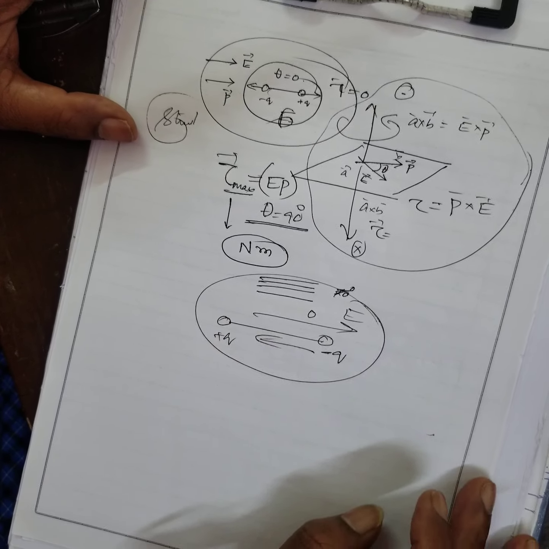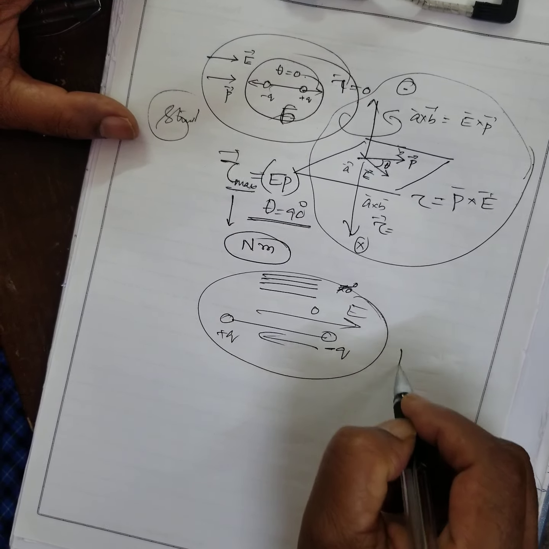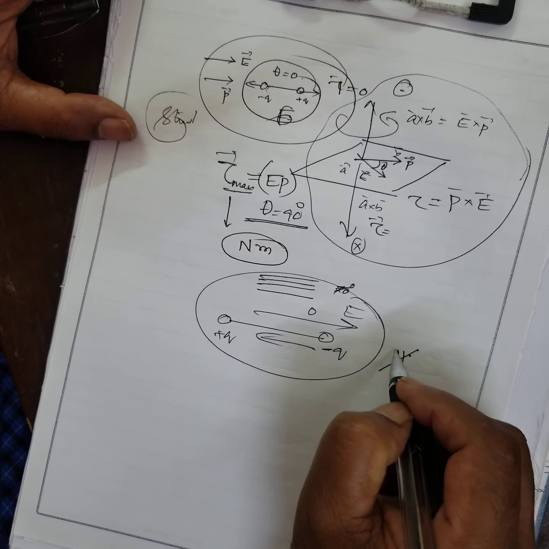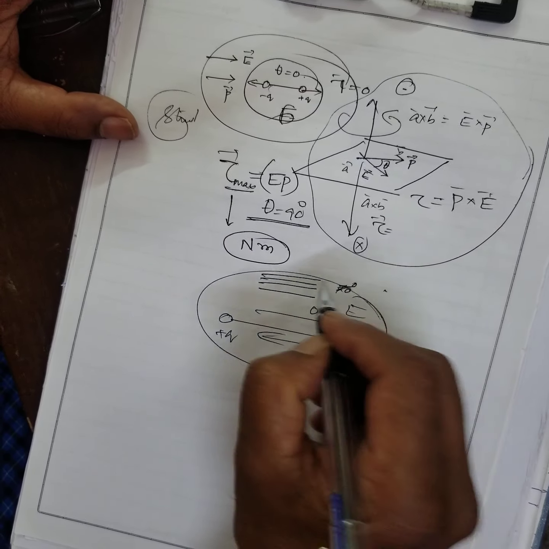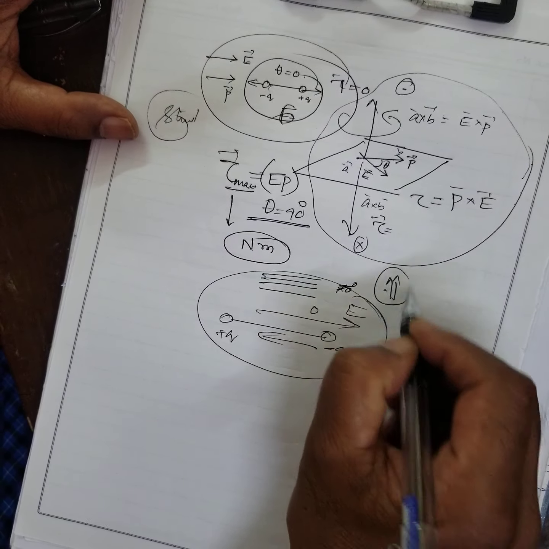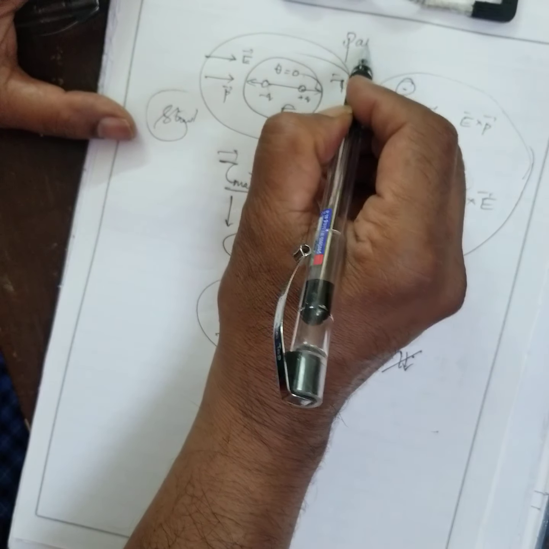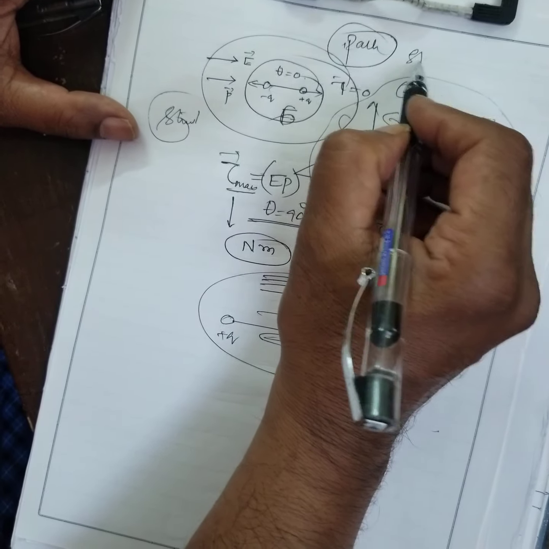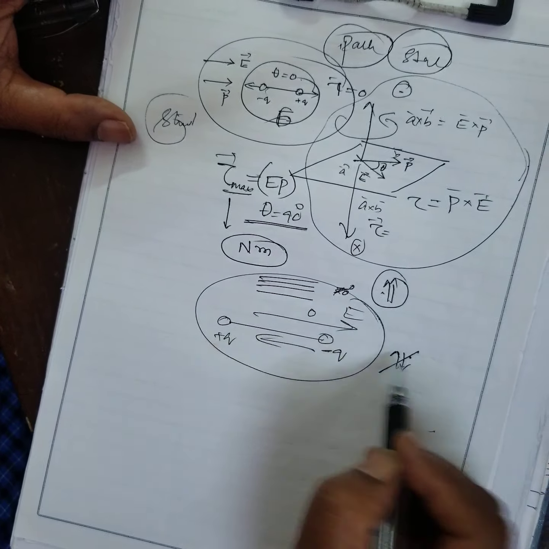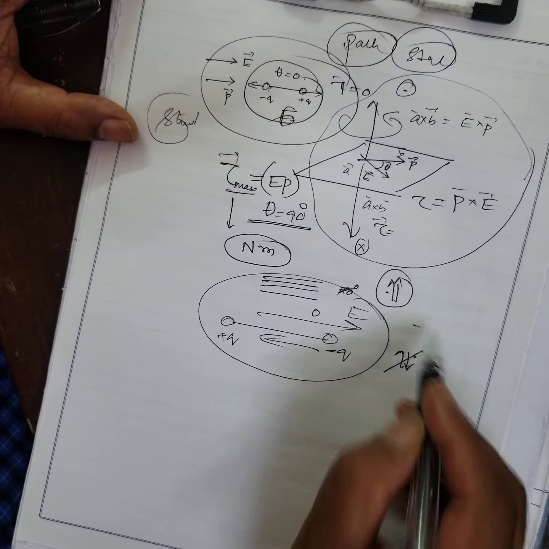The dipole moment is anti-parallel here, whereas the other is parallel. When the dipole is parallel, you have stable equilibrium. If the dipole is anti-parallel to the direction of the field, it is unstable.